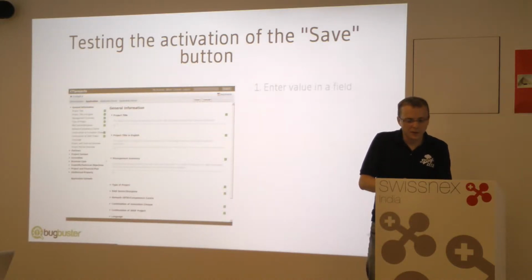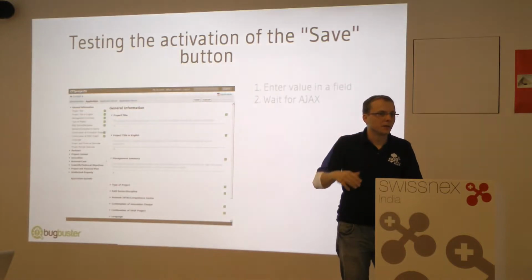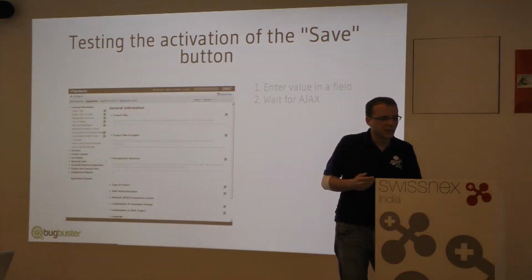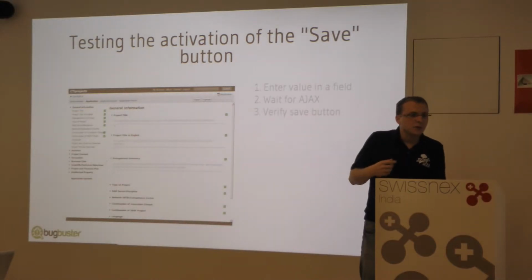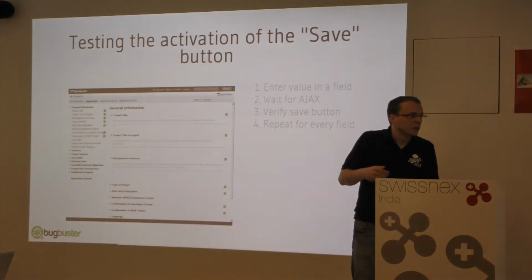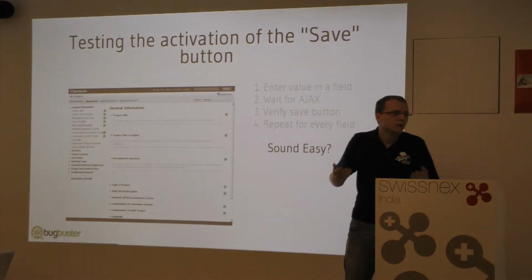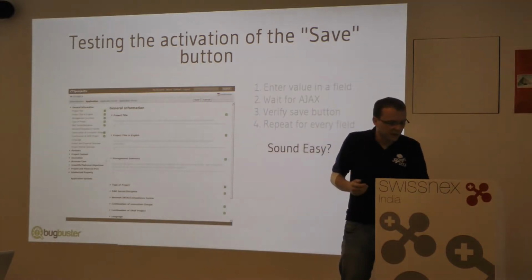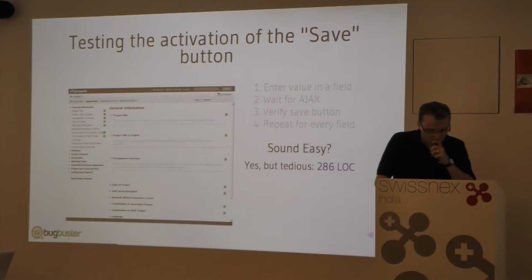You just type something in a text field, wait for the AJAX to go, because it's a highly asynchronous application, so you type something, the information is sent to the backend, and then you verify that the save button is enabled, and you repeat that for the next element in your field. So it's quite long, but sounds easy. In fact, it is easy, but it is tedious.